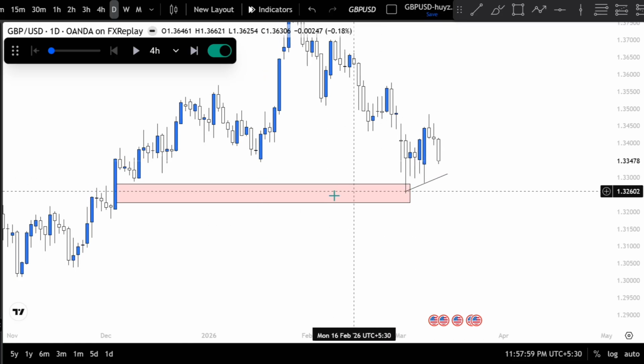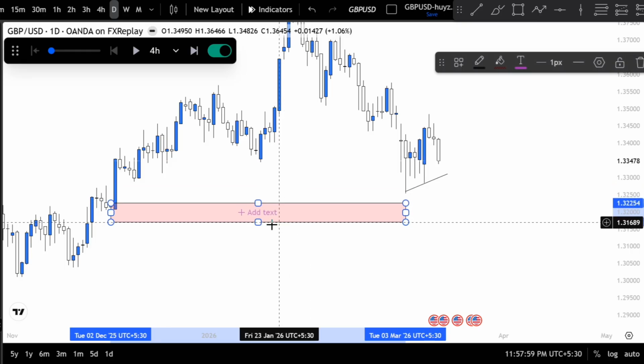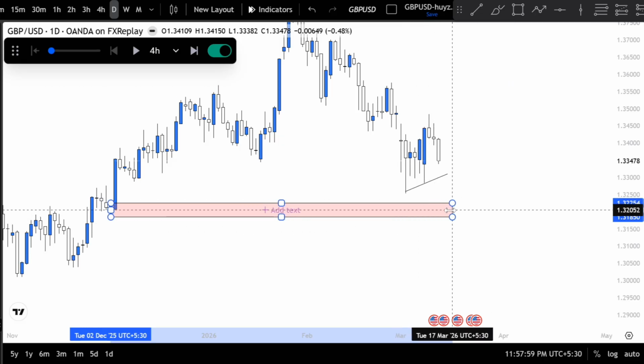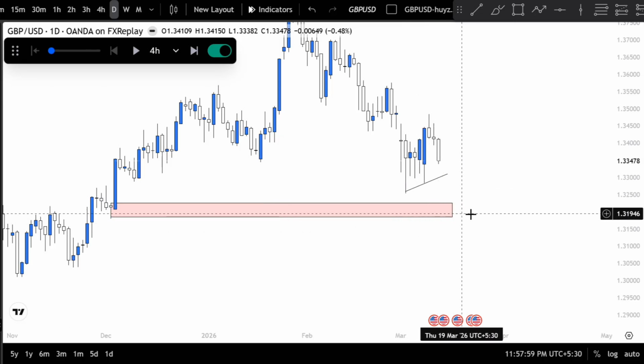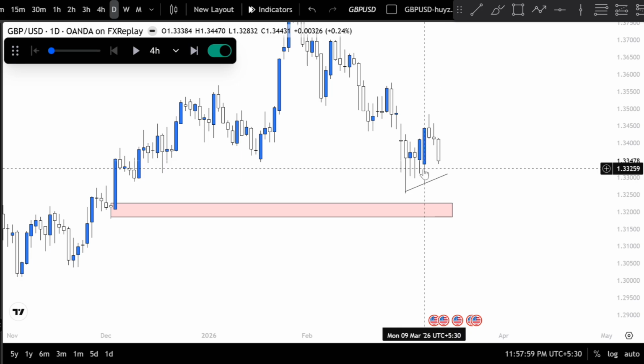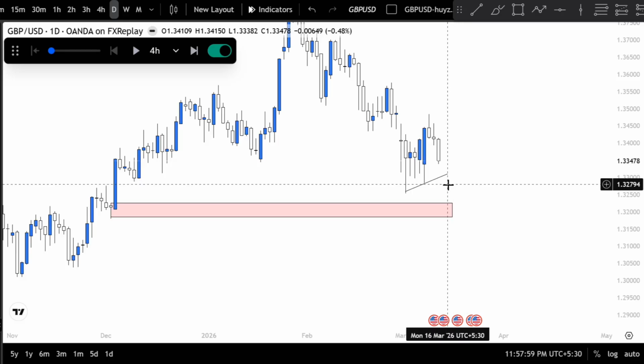Now why did I consider this as liquidity? Because we have an order block just below here, so price is yet to tap the order block, so we can consider this as liquidity. And as you can see, there was no expansion.